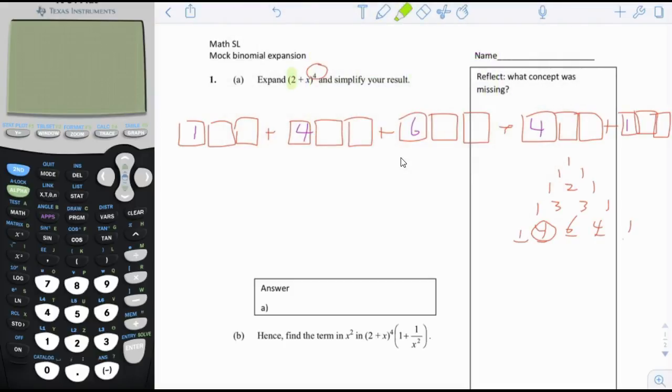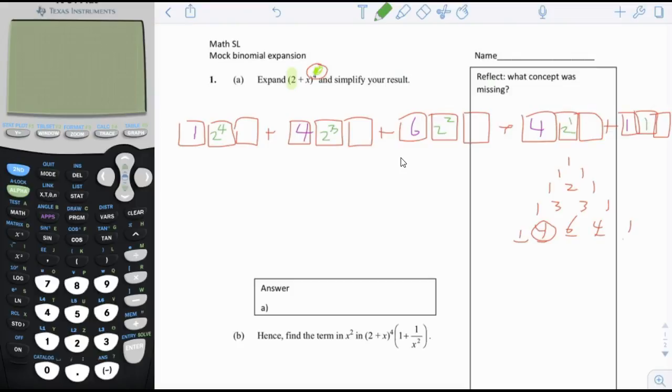So the A term, which is 2, is going to be 2 to the power of the binomial expansion, 4. So the first one is going to be 2 to the 4th. The next one is going to be 4 minus 1, so it's going to be 2 to the 3rd. Next one is going to be 2 to the 2nd. Next one's going to be 2 to the 1st. And the last one's going to be 2 to the 0, which happens to be 1.